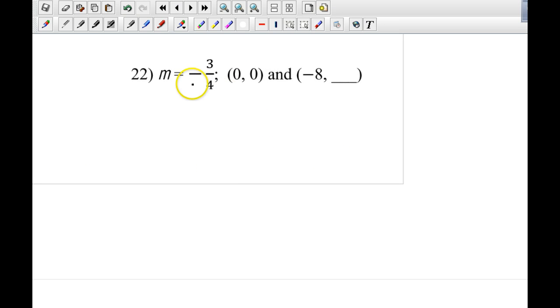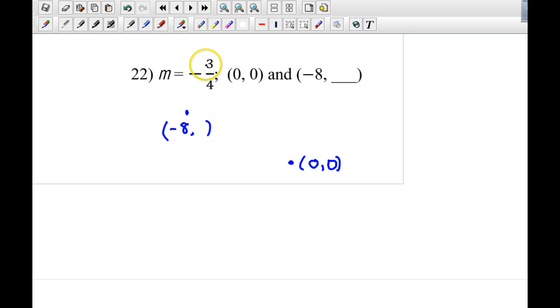Lastly, again, you have to decide, if I'm at 0, 0, and I want to go to negative 8, something, so that'd be over here. Should I put the negative on the top or the bottom?